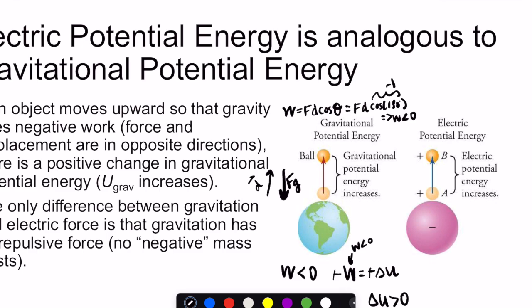Those are going to cancel, and you're going to be left with a delta U that is positive. We're going to be encountering in this chapter a lot of quantities that are represented as variables, but those numbers can inherently be negative. Just like this, W is negative, but W is also equal to negative delta U. So that implies that delta U is positive, which is this little statement right here.